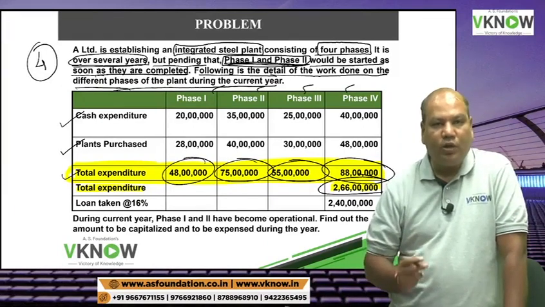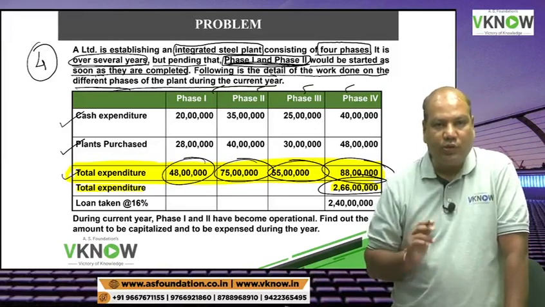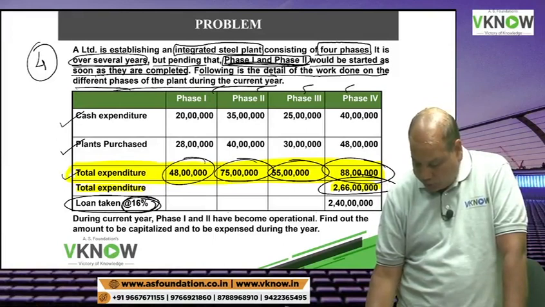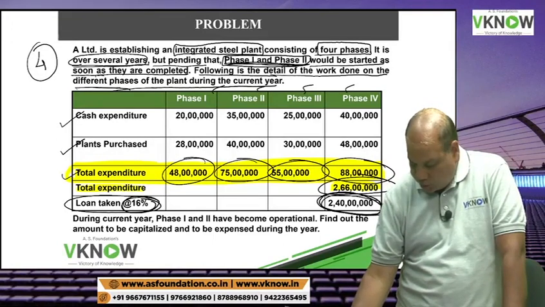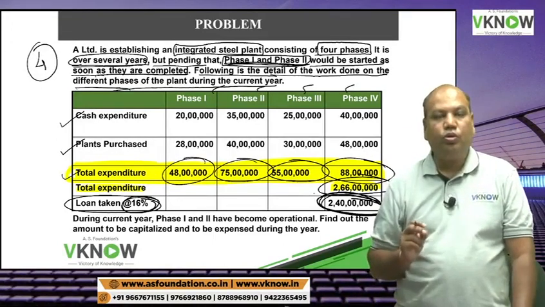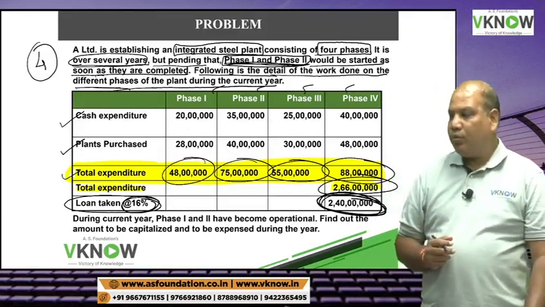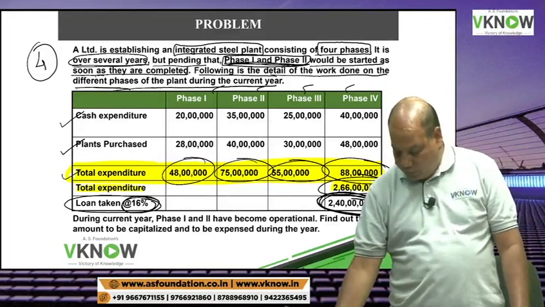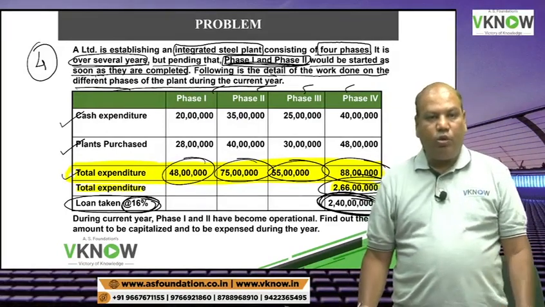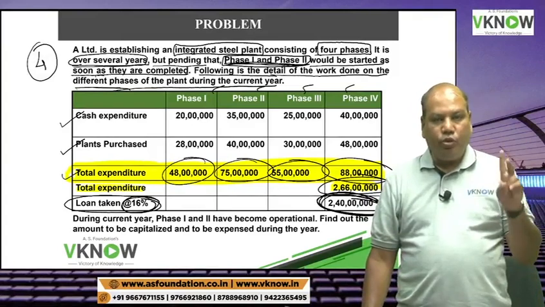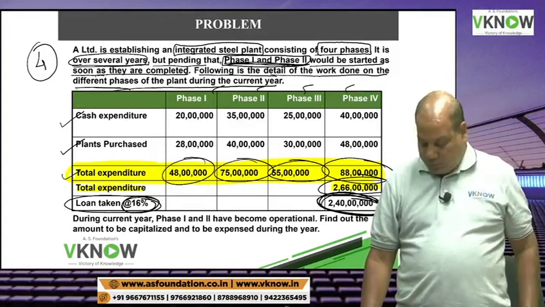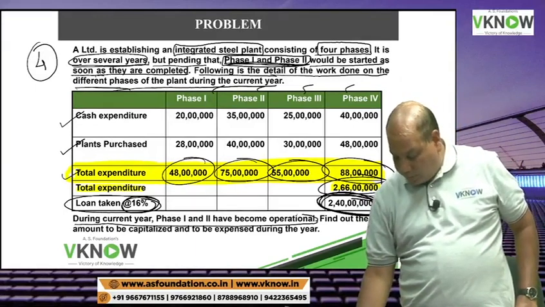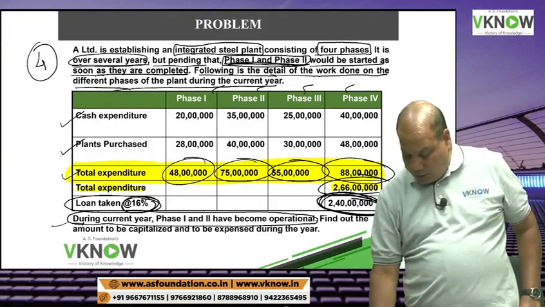Total expenditure incurred is 2 crore 66 lakh, and they have taken a loan at 16%. The total amount of loan taken is 2 crore 40 lakh. It is a common loan. They have taken one loan and used it for four phases. Phase 1 and 2 have become operational, which means they can be used.